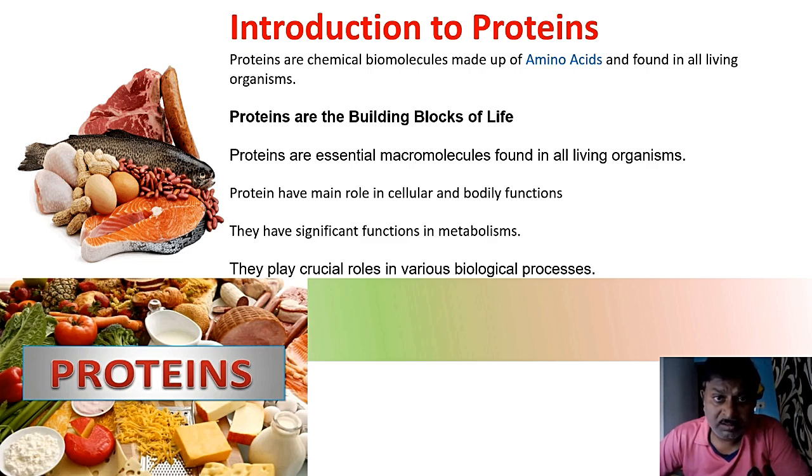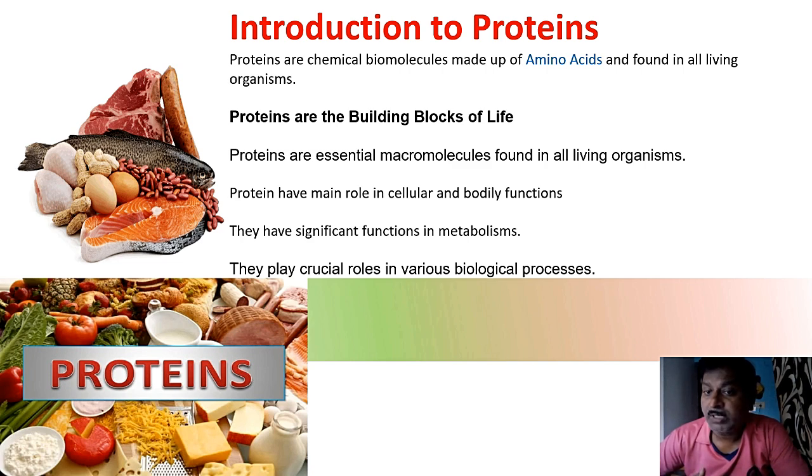Proteins are similar to any other chemical molecule on earth, but they are different in terms of biological nature. That is, proteins are chemical biomolecules: molecules which are chemical in nature but present inside the living system. So what is a molecule?